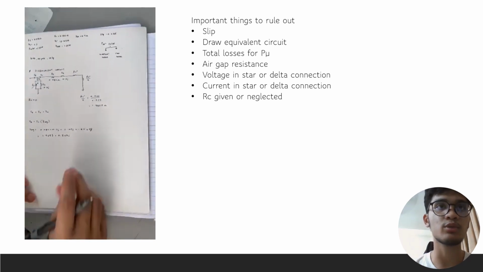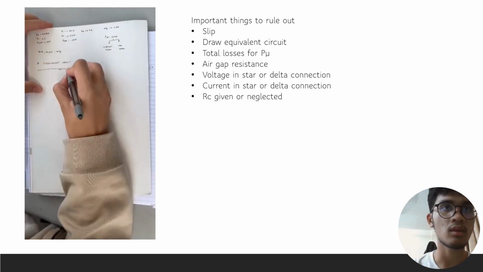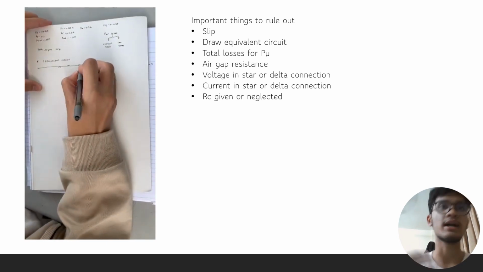As you can see, first we total up all the resistance values in the I2 path so that it is easier to calculate. So next, we have to work out whether it is in delta or star connection. In this case, it is in star connection.